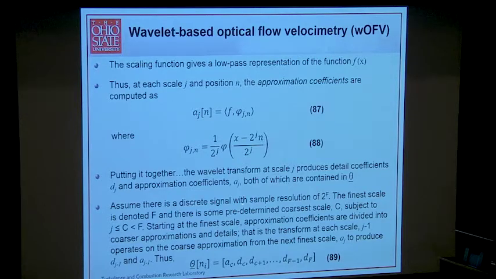So what I mean here is, let's say there's a discrete signal with 2 to the F samples. If F were 12, we would have 4,096 samples.